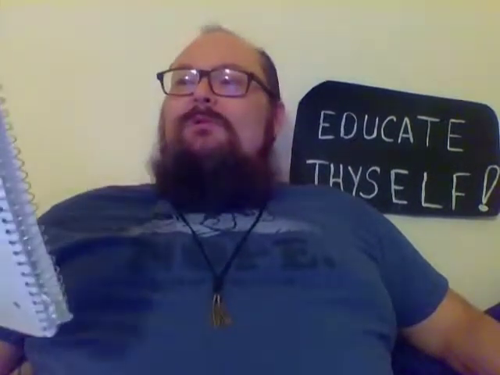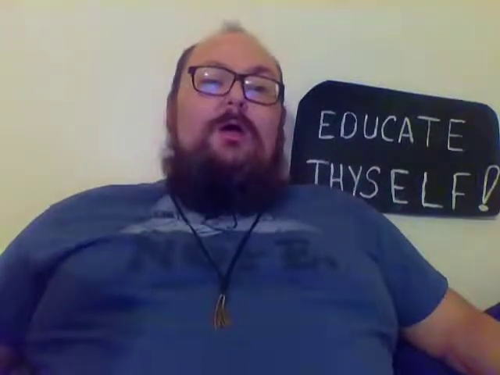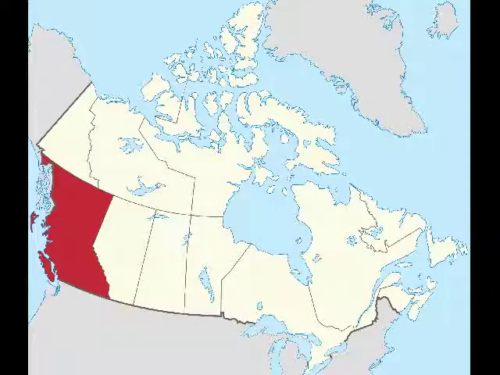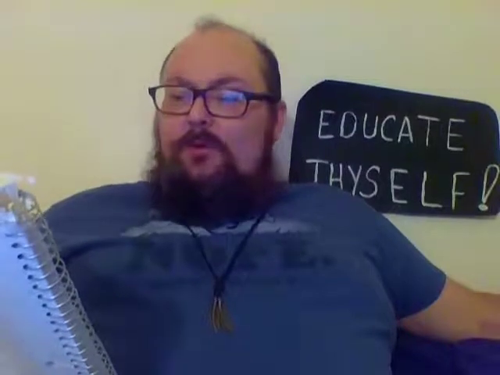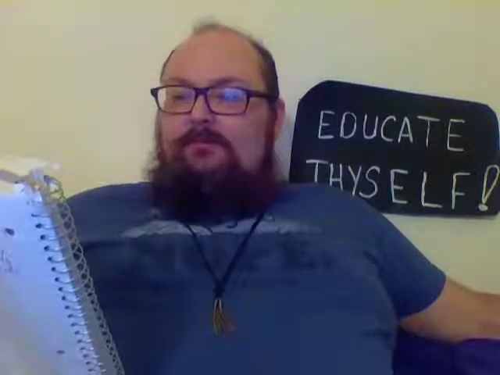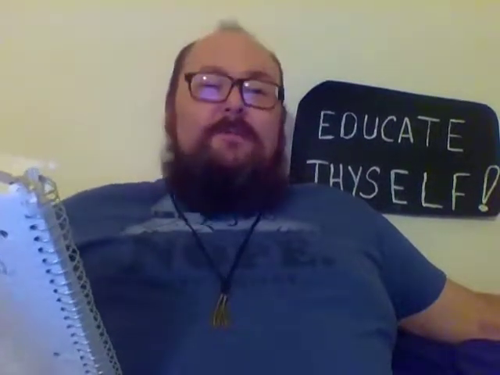As always, I have my notebook, so let's start out with British Columbia. It's the 6th province to become part of Canada. The capital is in Victoria. I wrote victory for some reason.